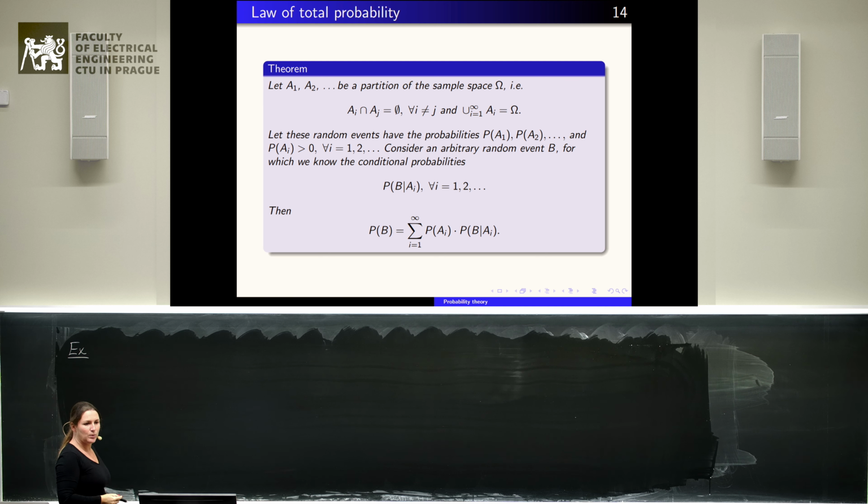I will start with an example as before, an example from our faculty.